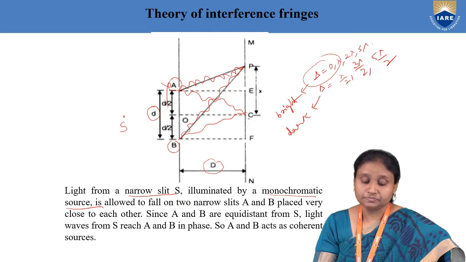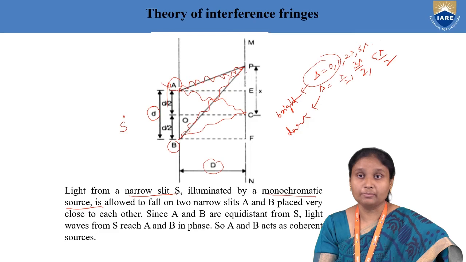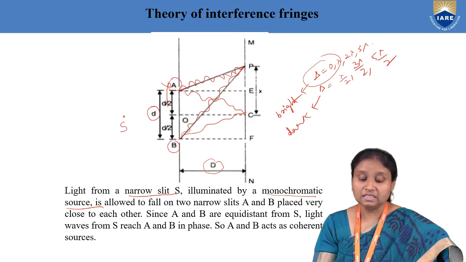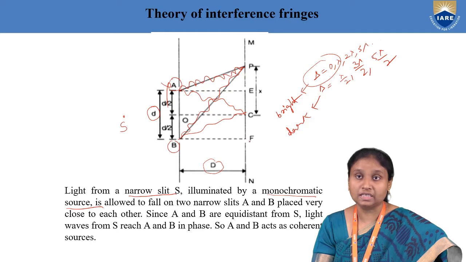Of course, this point C is the center of the screen, and our point P is the point where these two waves are meeting or overlapping. Apart from that, I have selected two points. Starting from exactly the middle point of the source A onto the screen, I have taken one point E, and similarly, starting from the middle point of the source B onto the screen, I have taken point F.